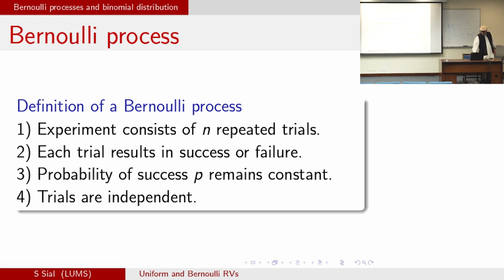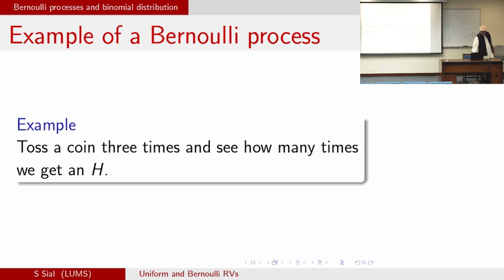Okay? So if we do that, well, this is what we have been doing. When you flip a coin, the result of the first flip and the result of the third flip are independent. Right? So, an example.